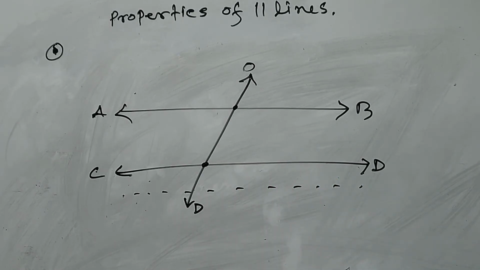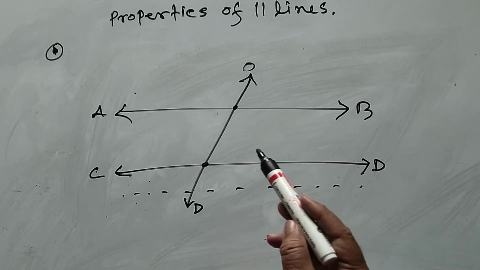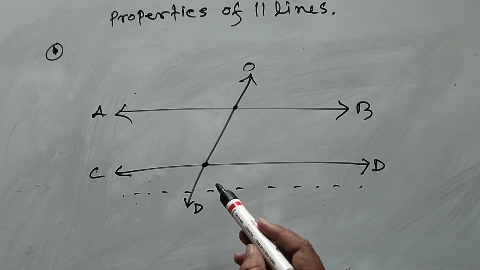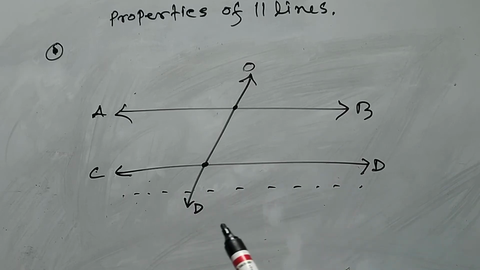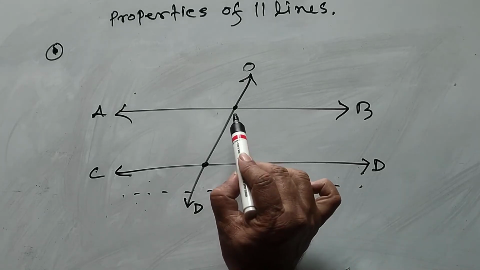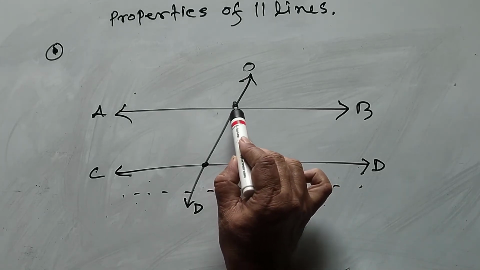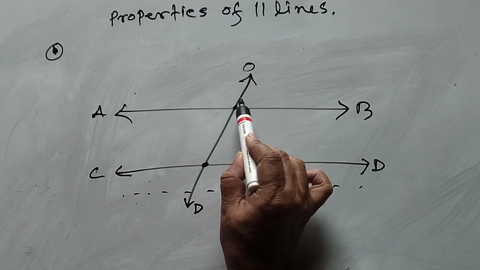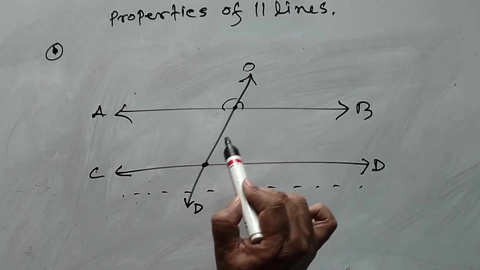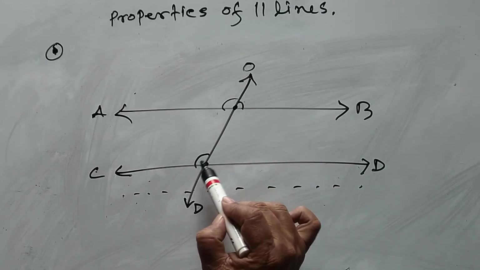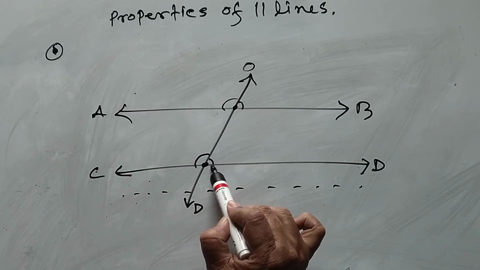And if a transversal intersects two parallel lines, the transversal creates these angles.